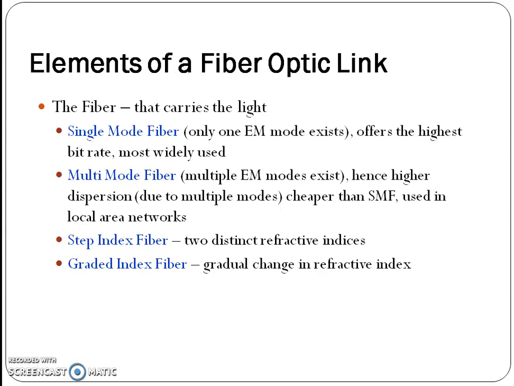Multi-mode fiber has multiple electromagnetic modes, and so we will have higher dispersion at the end, but it is cheaper than single mode fiber. So it is used in local area networks and short range communication systems. Step index fiber has two distinct refractive indices, but graded index fiber has a gradual change in refractive index structure, and they have their own applications.